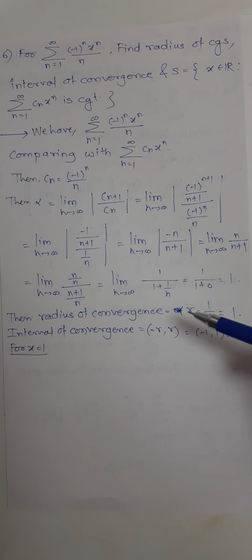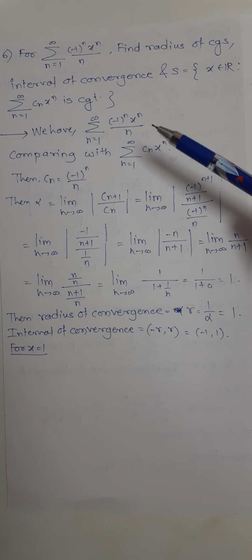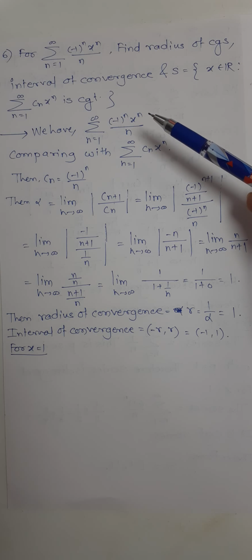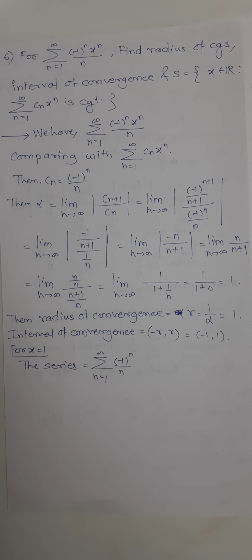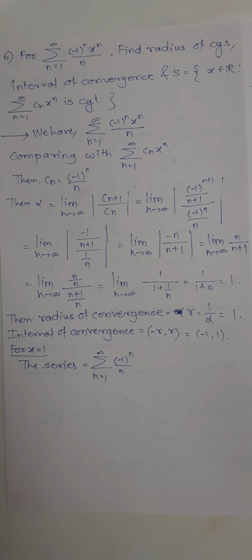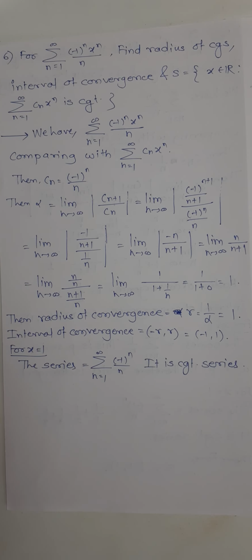If I put x equal to 1 in this series, what will we have? (-1)^n, and 1 raised to n is 1. So the series will be (-1)^n upon n. It's an alternating series and obviously it is convergent. So we got a convergent series for x equal to 1.